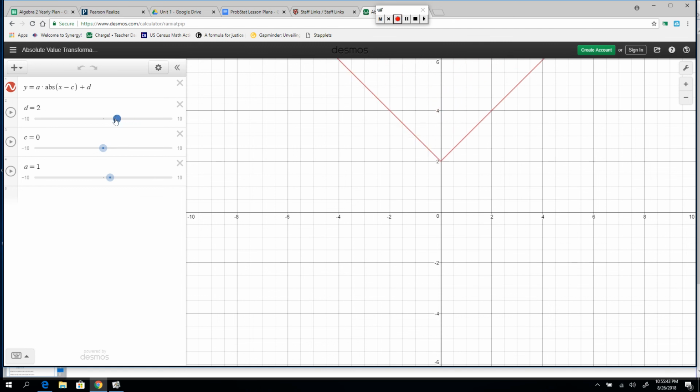When d was 0, it was right at the x-axis, right there. And when we make it positive, it goes above it. And of course, the next question is, if we move it to be a negative number, it drags it below the x-axis. Okay, so that's what we want you to see there. Now the directions then ask you to put d back to 0.